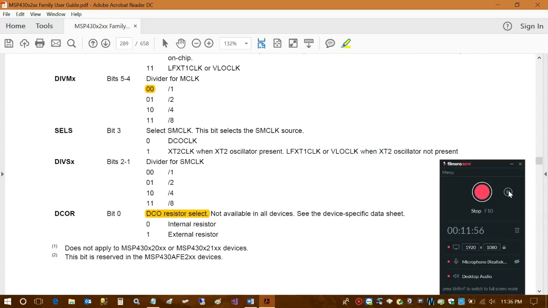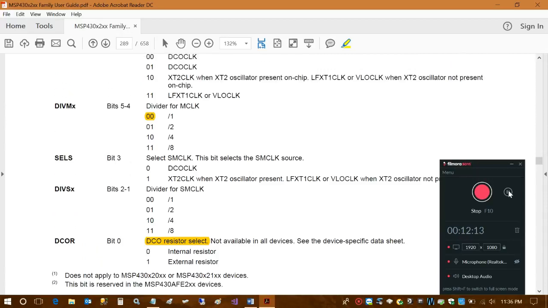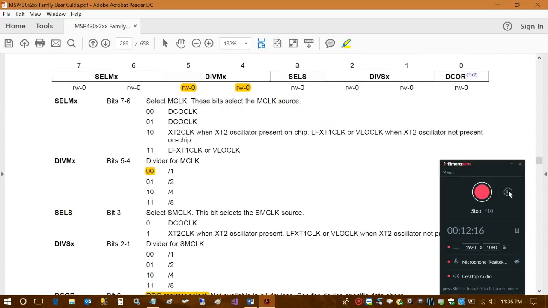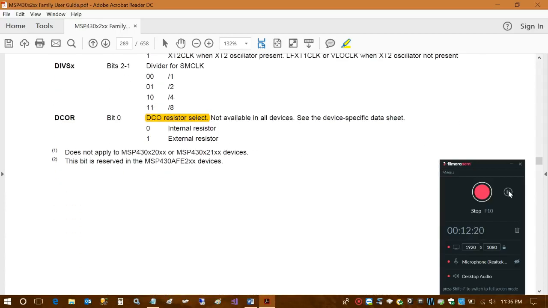This is not available in all devices, that is whether you're using an internal resistor or an external resistor for the DCO, that is the digitally controlled oscillator. Usually we always go for the internal resistor, so you will see that always the value is defaulted as 0. Nobody wants to select it as an external resistor, right?